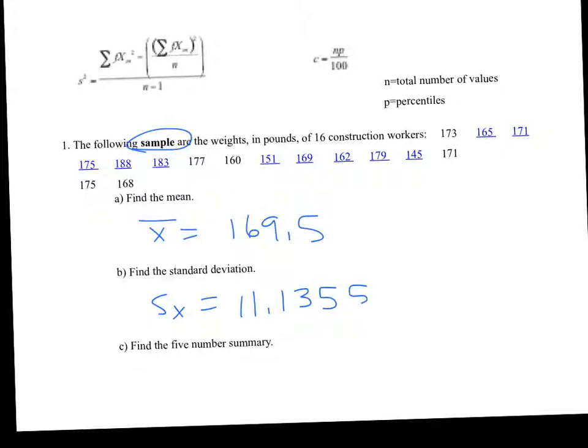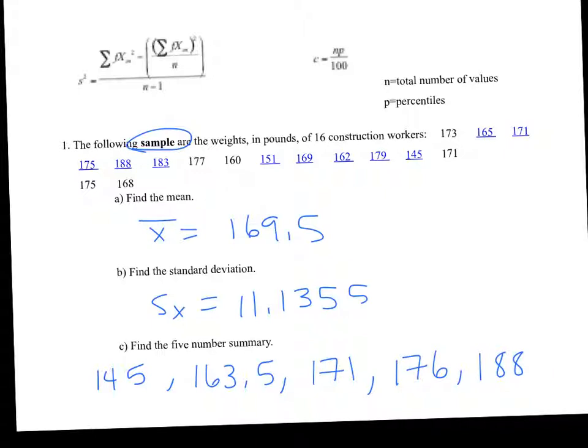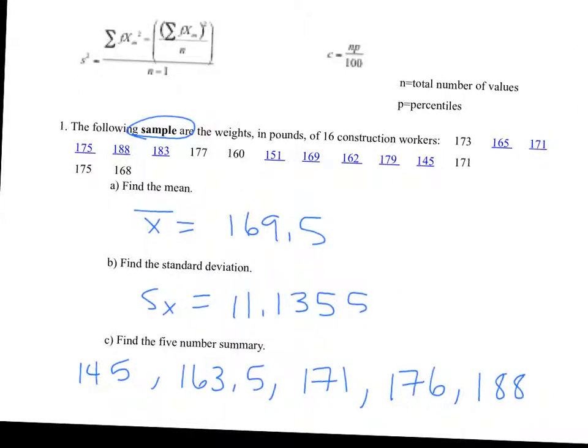My 5-number summary is the min, which is 145, Q1, which is 163.5, the median, Q3, and the max. On to the next page.